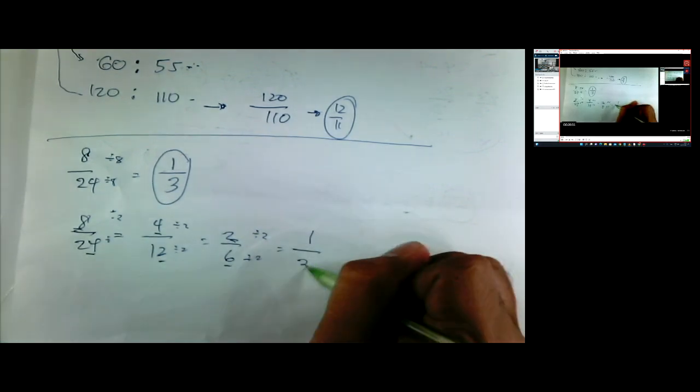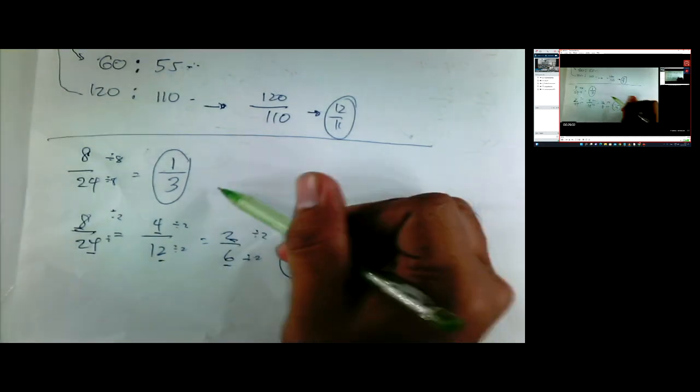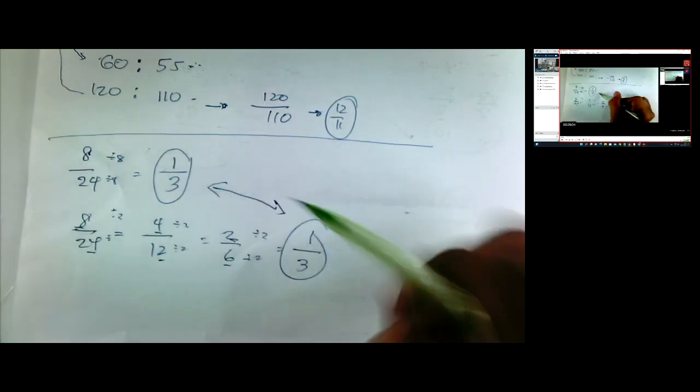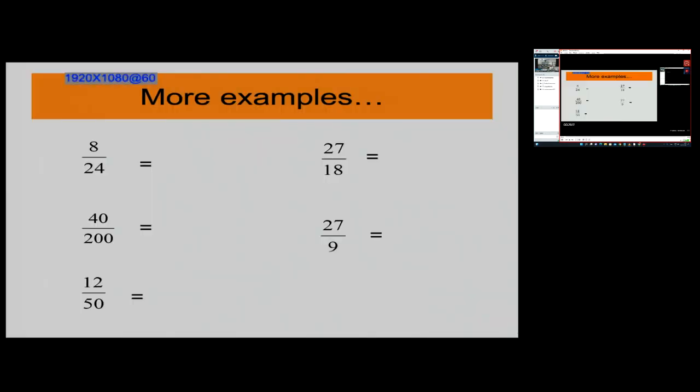You will have 1 over 3. The reason why we call it the simplest form, there are still other forms, but if you get the lowest number, you can no longer divide it. The answer will be that one, 1 over 3. Understand?